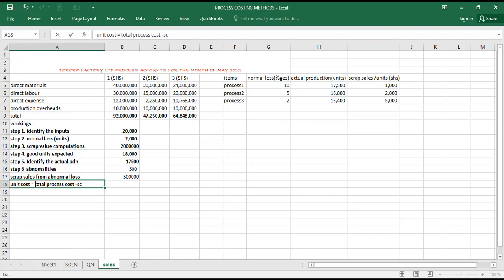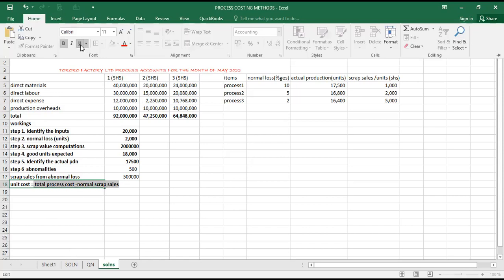but here we are removing the normal scrap sales, because we said the abnormal ones are not part of the production cost. Let me use normal scrap sales so that you can identify this, because I don't want it to mix with the abnormal one.